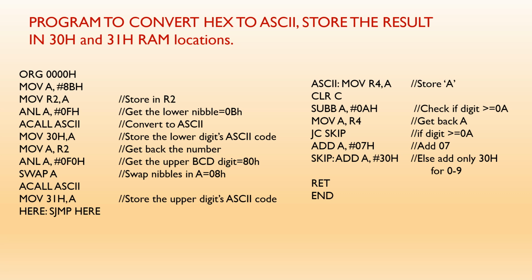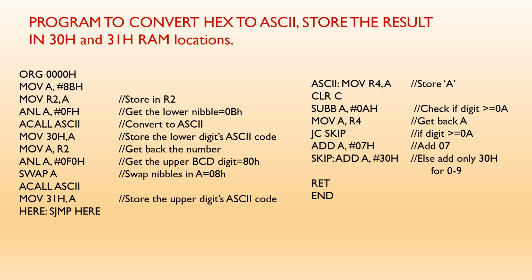Again here, the content of A, which is 08, is stored in R4, because I'm using A for the comparison with the subtract instruction, which alters the contents of A. So a copy of it is maintained in R4. As I said, there is only the subtract with borrow instruction and no direct subtract, so I need to clear the carry.